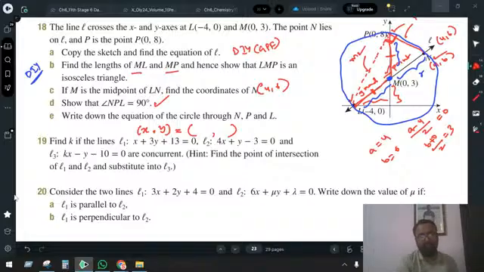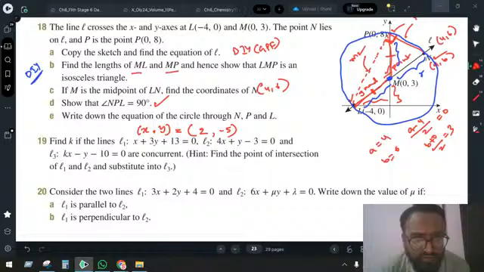Is it done? So the intersection point is 2 comma minus 5. I'm cross checking. Minus 5 means minus 15 plus 2 is minus 13, plus 13 is 0. And 8 minus 5 minus 8. Okay, it is right.